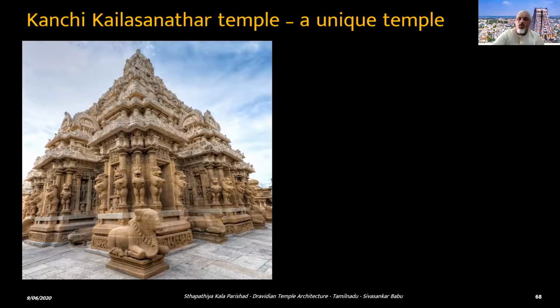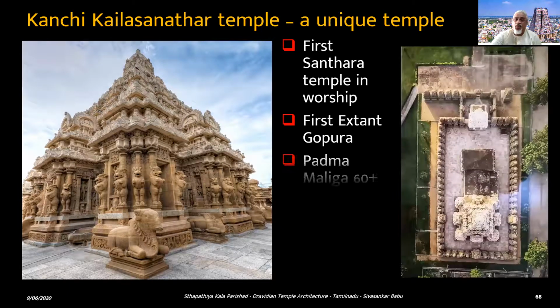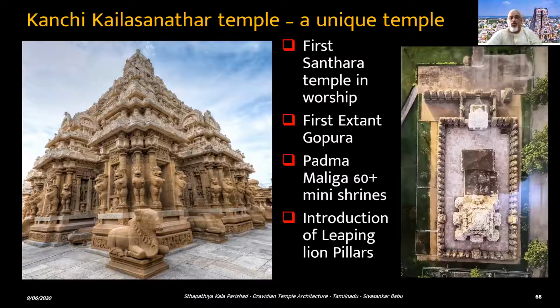And foreign kings, Chalukya kings, came here to capture Kanchi. And having seen this temple in its grandeur, they stopped the idea. They gave more grants to the temple, and they did not destroy the temple. So this is a unique temple.